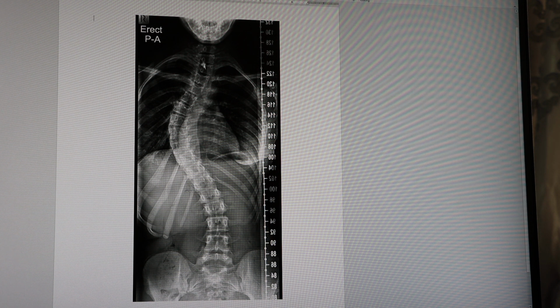And then I'll be looking at the vertebrae itself, starting from above or starting from below. It's totally up to you.